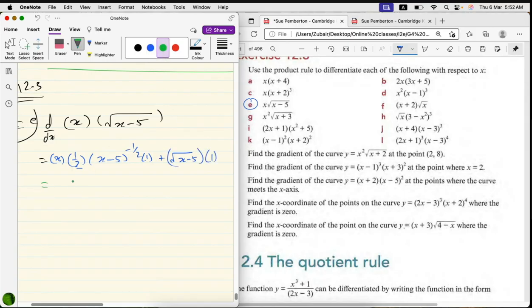Now we simplify this as x over 2 square root of (x minus 5) plus square root of (x minus 5).